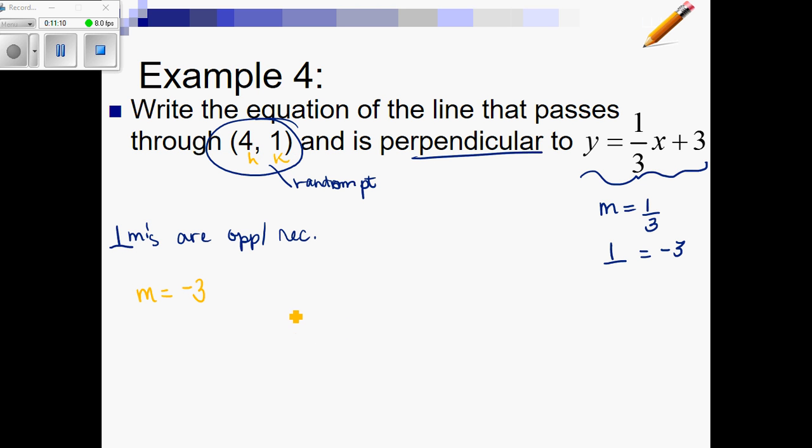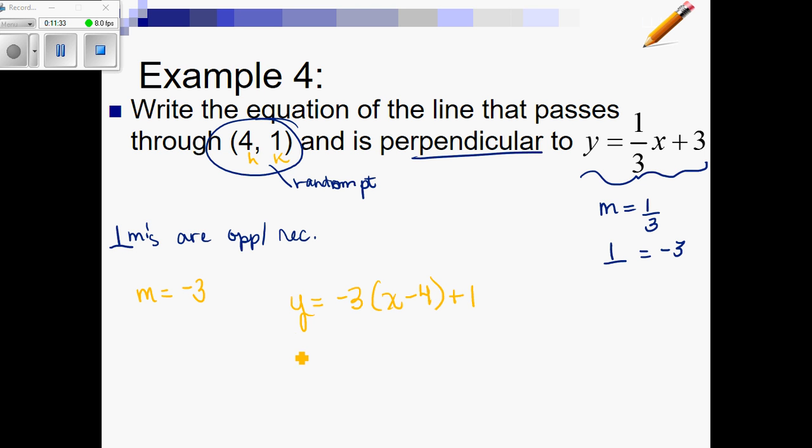We can find the equation of the line by saying y equals -3, x minus 4, opposite of whatever the point is for x, and then exactly what k is, so plus 1. So y equals -3, parentheses x minus 4, plus 1. There's our random point, there's our slope.